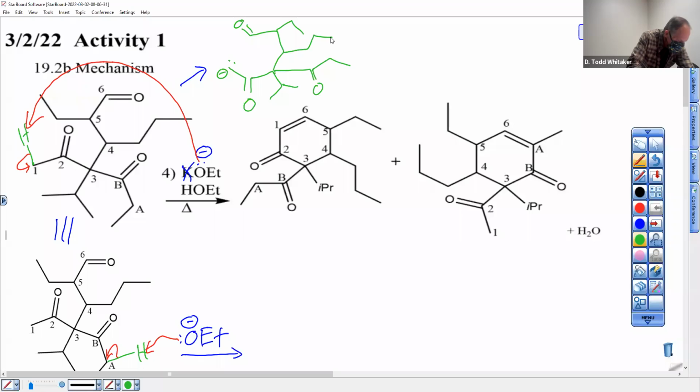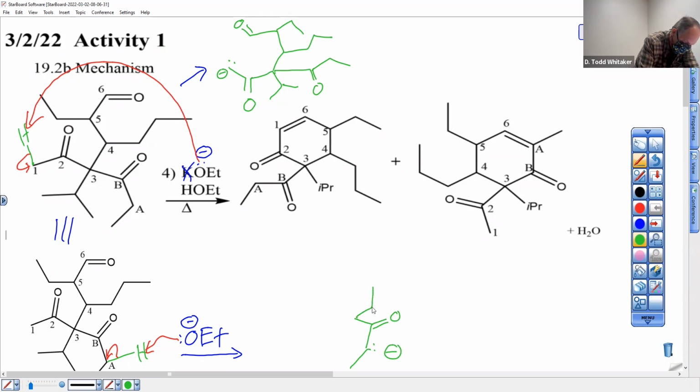And as you're settling in, I'll give you the other one here. And this one has A over here. So that's going to be an anion. And it's attached to B, carbonyl.